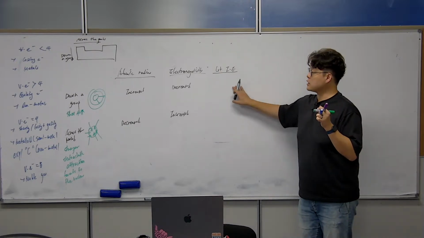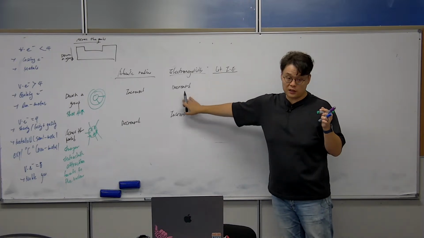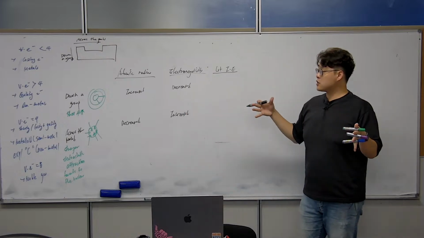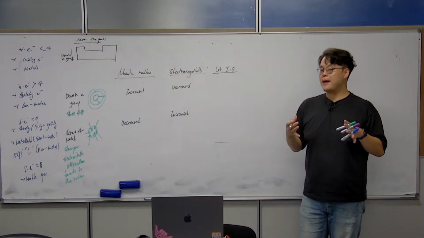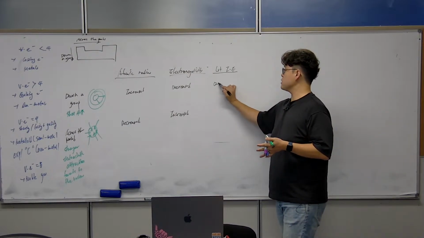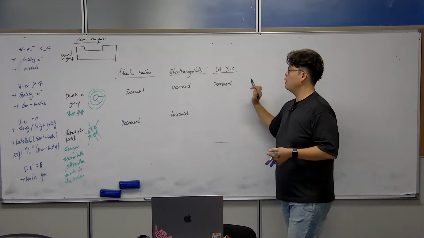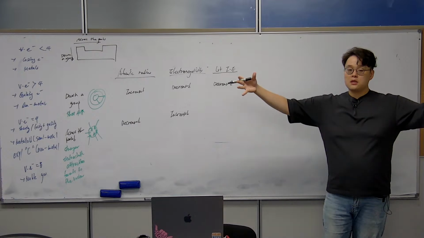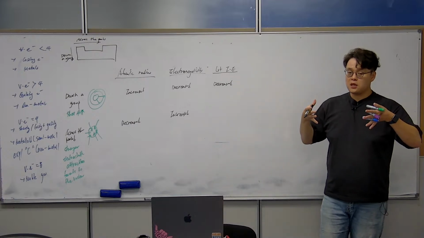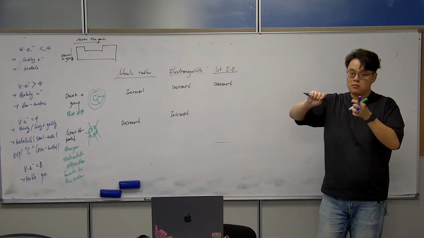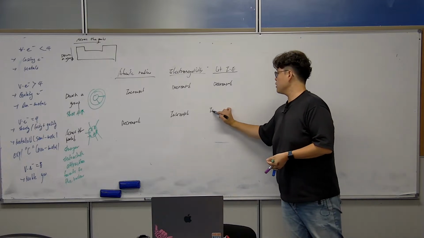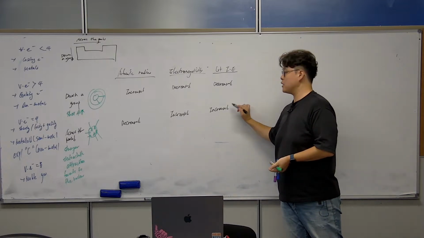So it shares the same trend as electronegativity. Size getting bigger going down the group, therefore it takes less energy to remove the first electron, so it decreases. Across the period again, size is getting smaller, more positivity. It'll be harder. If you imagine two magnets really close together, detaching them is harder. So first ionization energy increases.